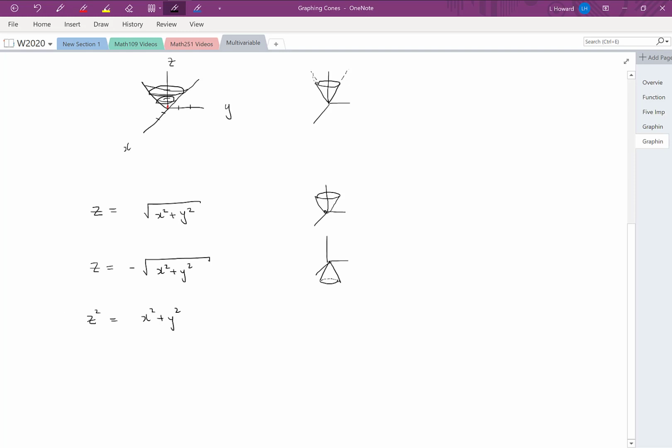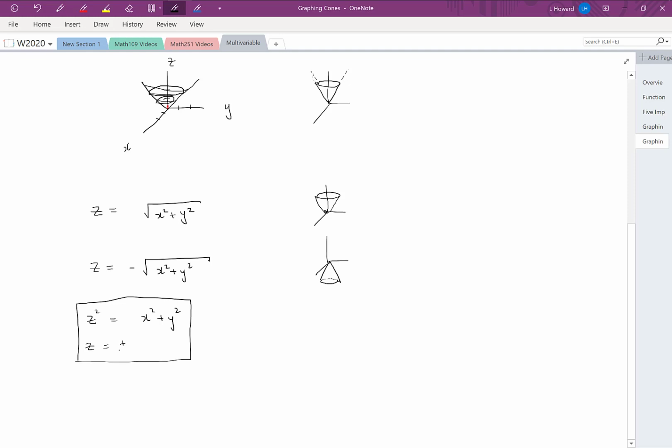Okay, now last transformation we could look at here. If we had, say, z squared equal x squared plus y squared, you could think about this equation in a slightly different way. You could say, well, we could take square roots of both sides, but if we did that, there would really be two corresponding solutions here.